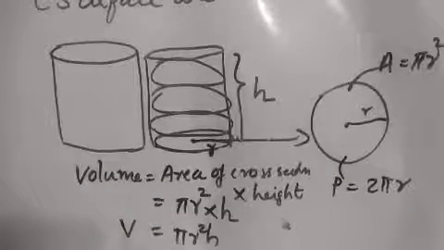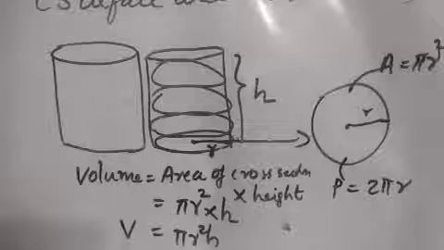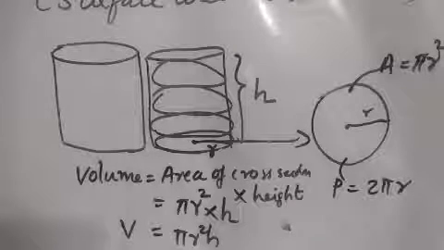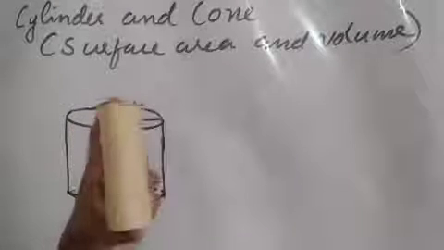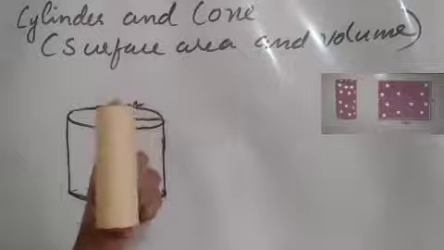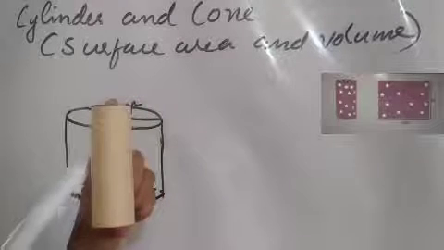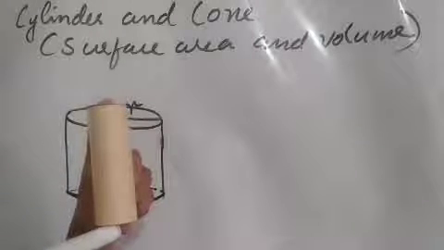Now let us discuss the surface area. This is the shape of a cylinder. It has a curved face and a top and bottom circular face.